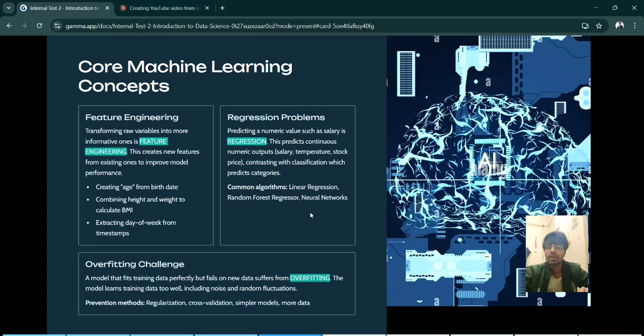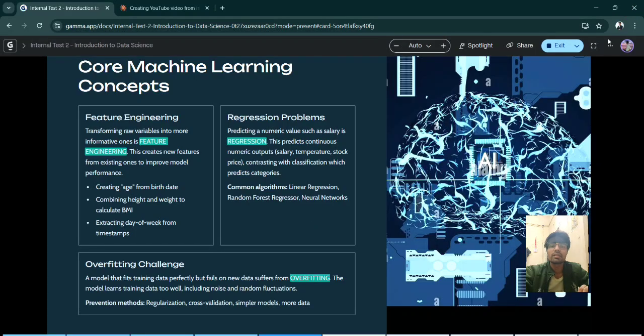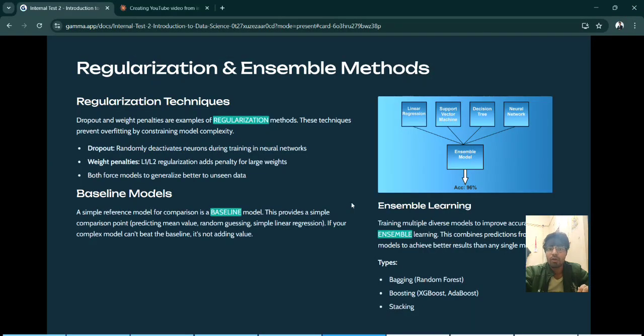The types include bagging, where random forest trains many decision trees on different data subsets, and boosting, where XGBoost and AdaBoost sequentially train models to correct previous mistakes. Ensembles are powerful but computationally expensive.